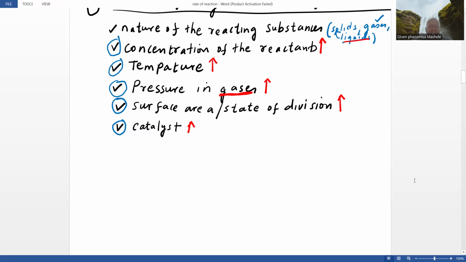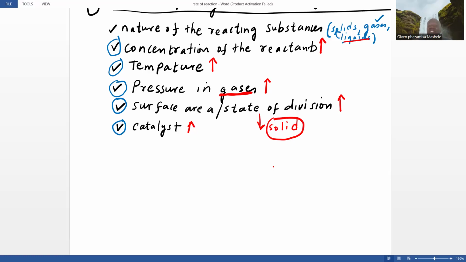But now there's something that I wanted to address, the issue of surface area or state of division. Guys, listen to me very well here. In terms of surface area, we are talking about a substance in a solid form. If a substance is in a solid phase, you can talk about surface area. But you need to understand this.